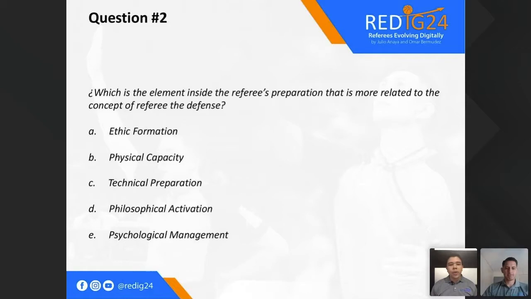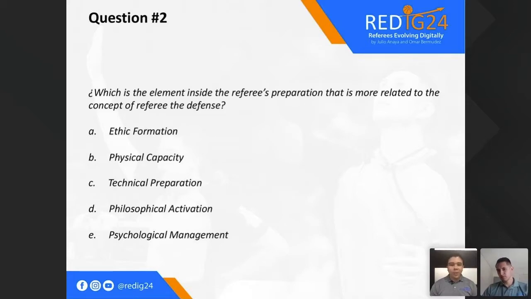So where do you think this concept of referee the defense fits the most? Remember, your participation is a way to stay connected with the session.